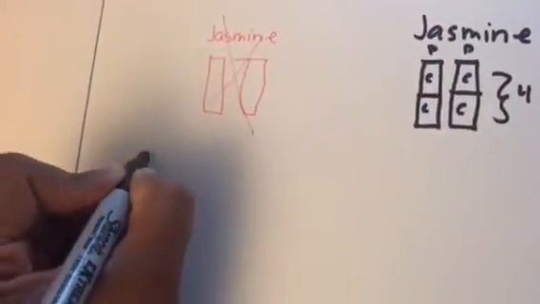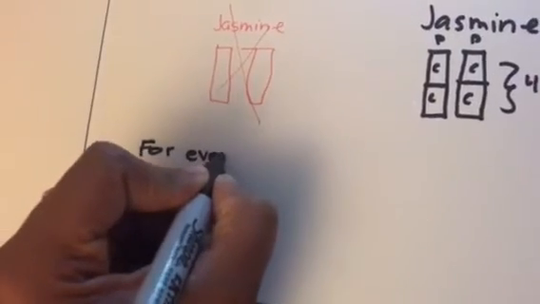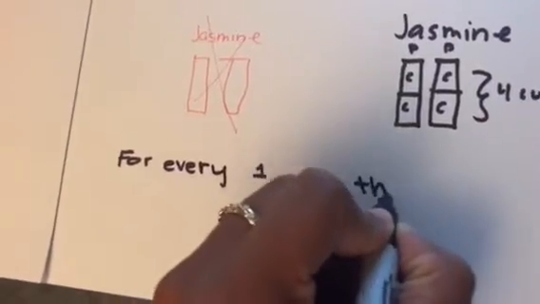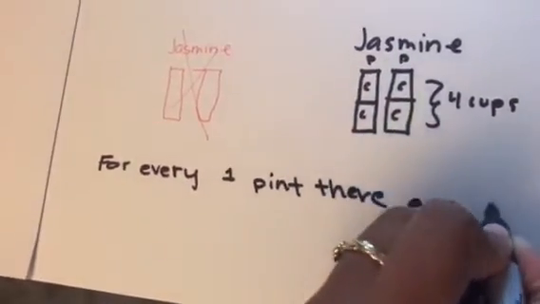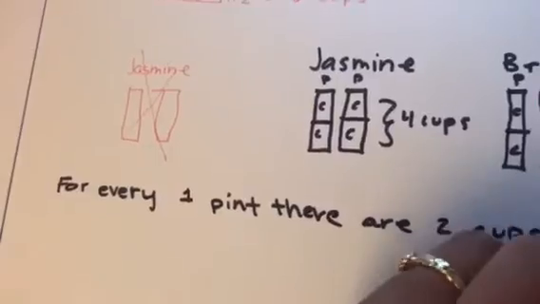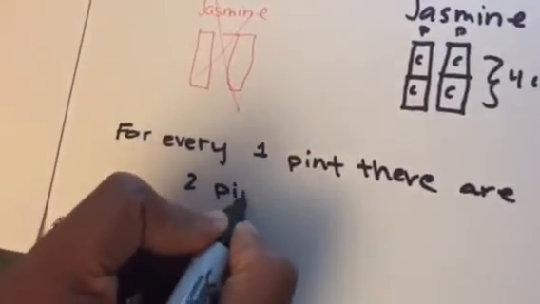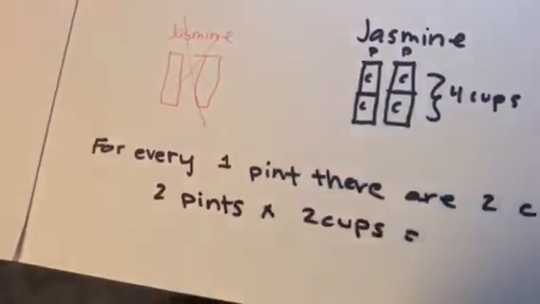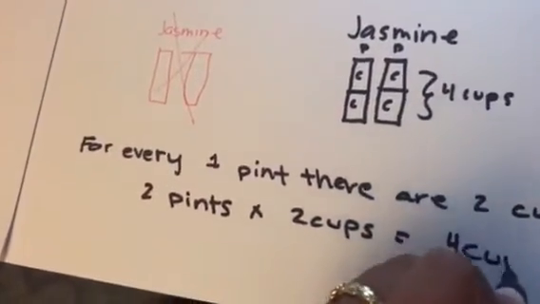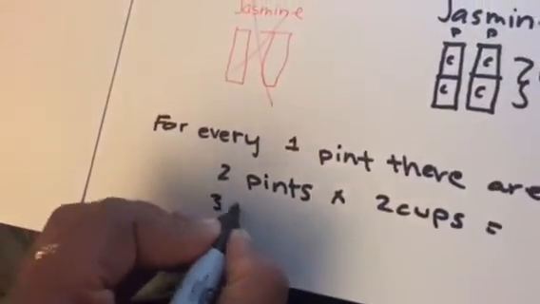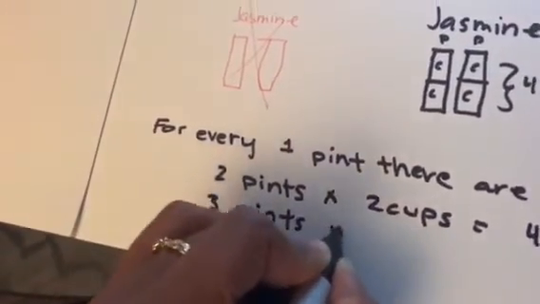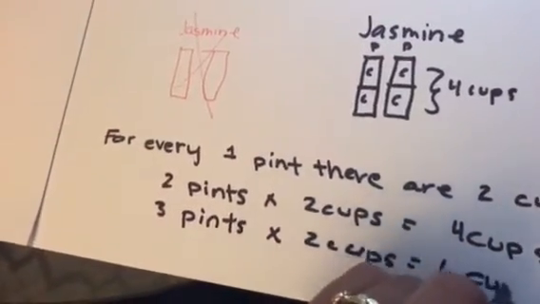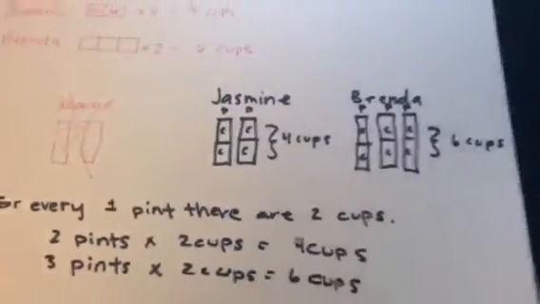So, for every 1 pint, there are 2 cups. 2 pints times 2 cups equals 4 cups. And then 3 pints times 2 cups equals 6 cups. Okay, hopefully that makes sense.